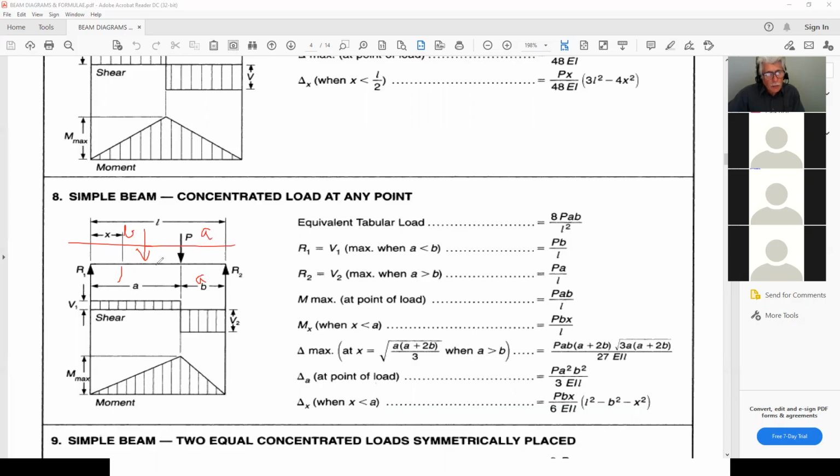And I'm looking here, this is my X value, which is the same as this. Now my A value is greater than my X value, so I have to make sure this is the value I use for B in the equation. That's the only thing I have to do. That's why I'm still allowed to use this one, as long as I make sure that the B value is always the smaller value, where the concentrated load is.